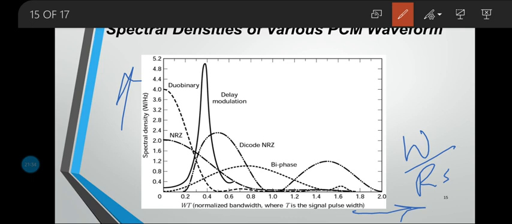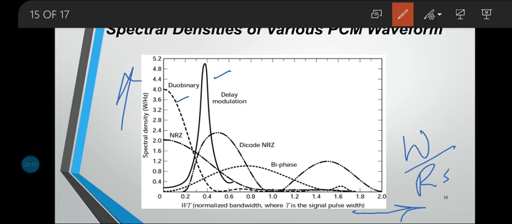Now let us compare all these waveforms given here. For example, let us consider delay modulation and the duobinary kind of PCM waveform. By comparing, any waveform type that requires more than 1 hertz for sending 1 symbol per second is relatively bandwidth inefficient.